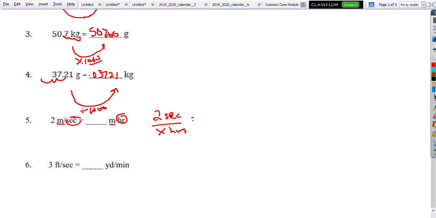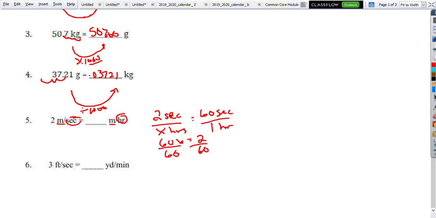all right, is equal to, we know there's 60 seconds in 1 hour. And so when I'm going to cross multiply and solve now, so 60x is equal to 2, and then this is like seconds per hour. And then I divide out by 60, and the seconds are going to cancel, and I'll get left with hours.